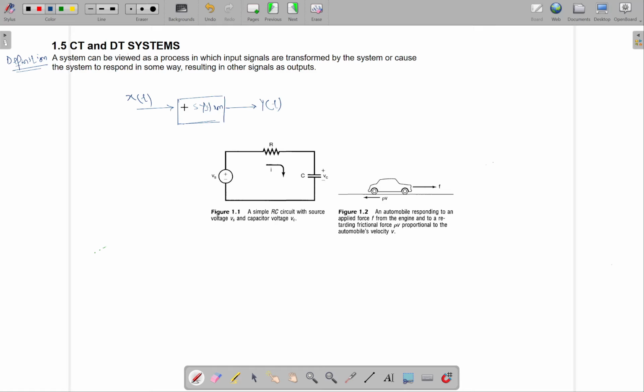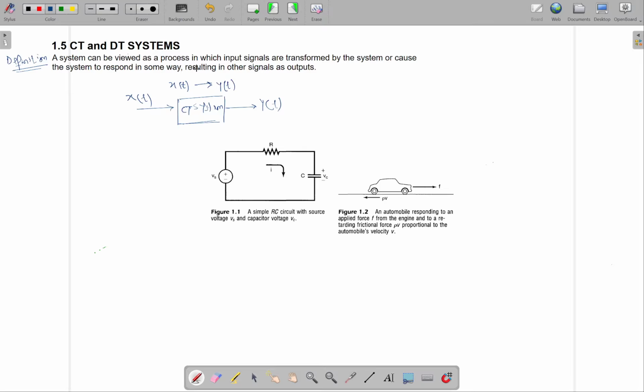Normally the notation we follow is x of t for the input and y of t for the output. So in the continuous time system, the input x of t passing through the system results in another signal which we call the output signal.